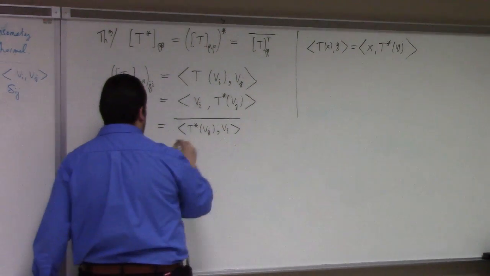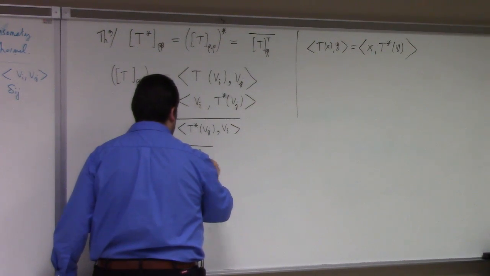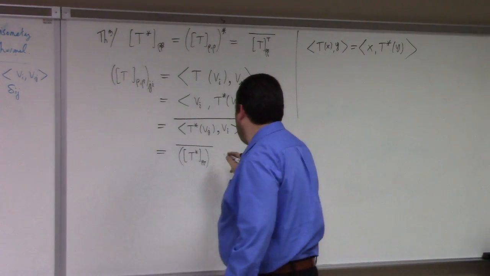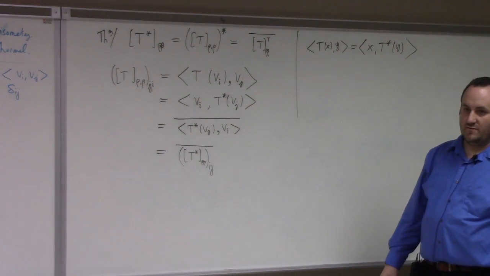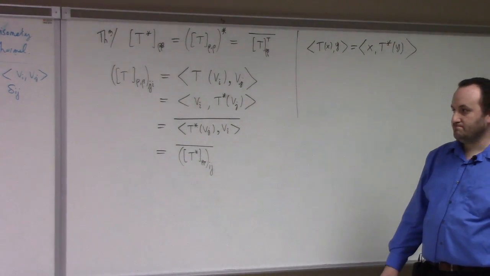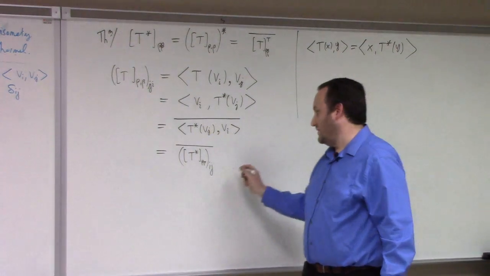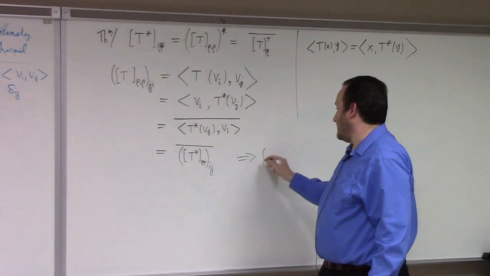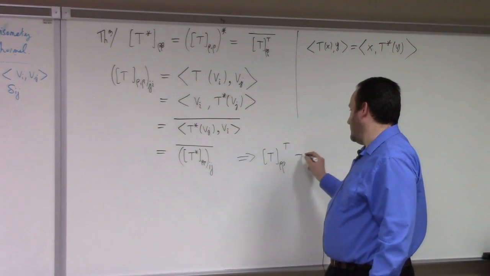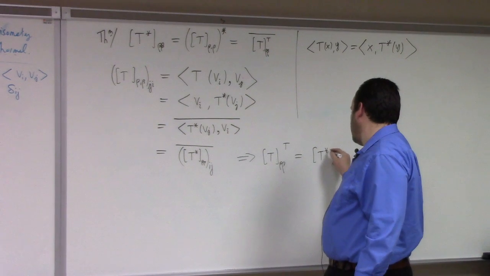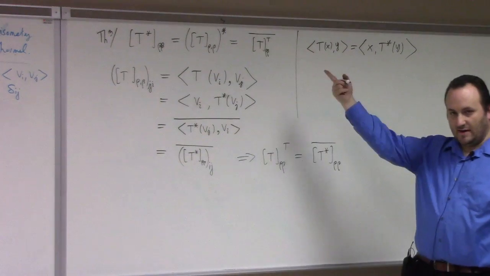And that is the ijth component of the matrix of the adjoint. So you notice the ij and the ji, flippity-floppity. That implies that the matrix of T with respect to the beta basis transpose is equal to the matrix of the adjoint with respect to the beta basis conjugated, and then take the transpose of that to get back up there.